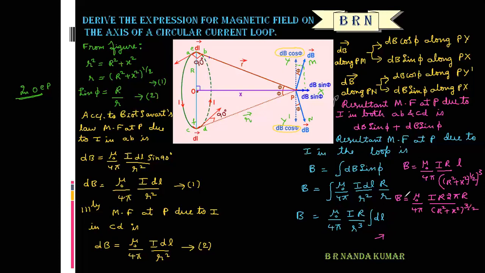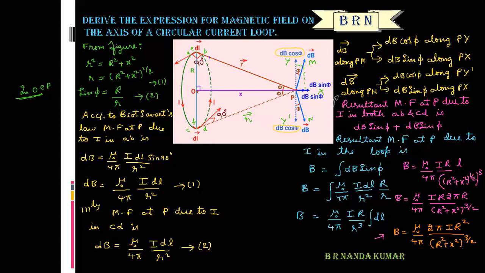So finally, we will get the expression, that is B is equal to mu naught divided by 4 pi, 2 pi I R square divided by (R square plus x square) whole power 3 by 2.